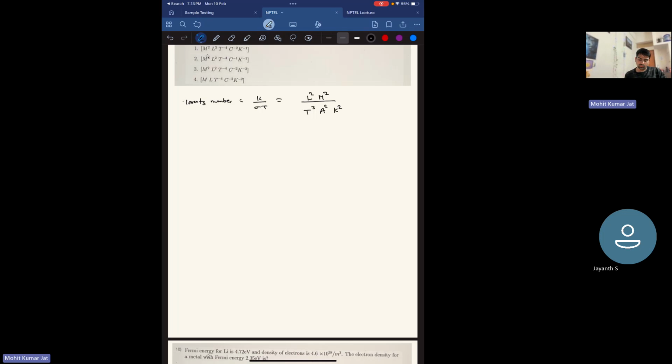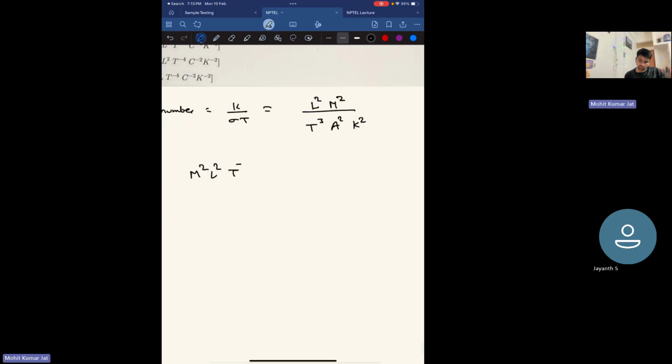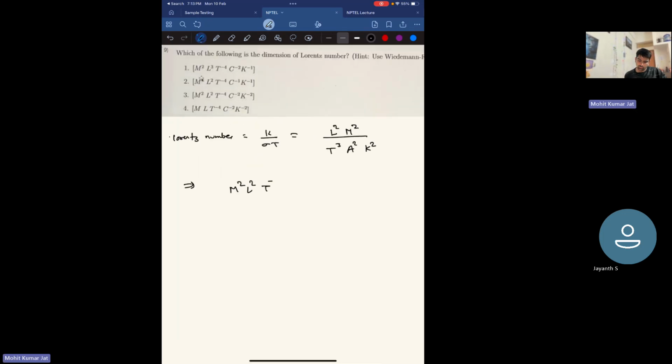So if you do it like this, it will be M square L square T to the power 4, T to the power 3, but this will be ampere times the time, so that will give you the coulomb basically.